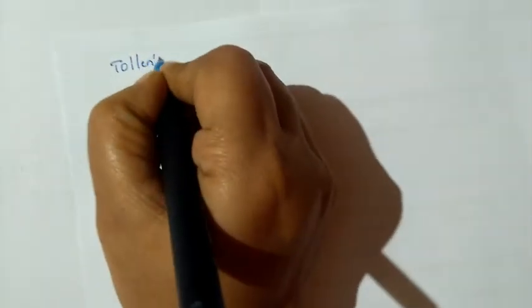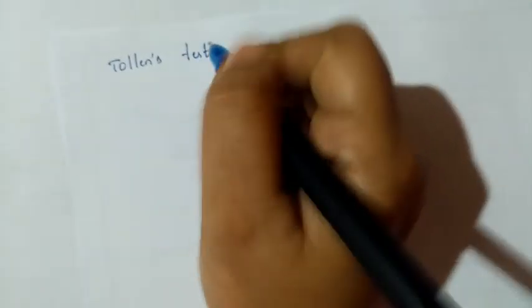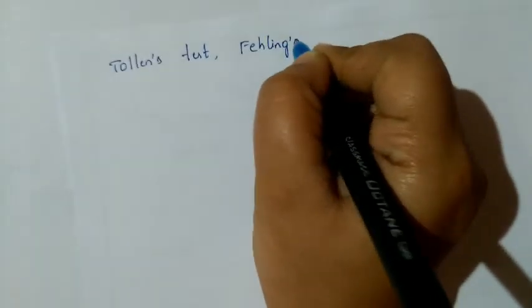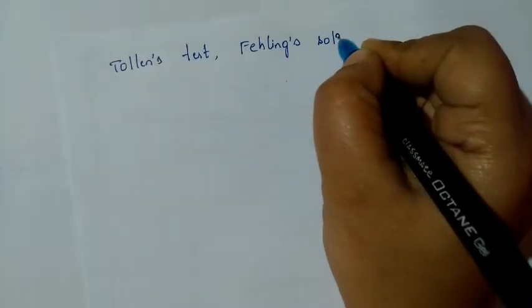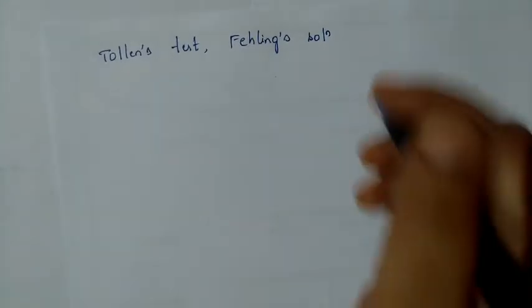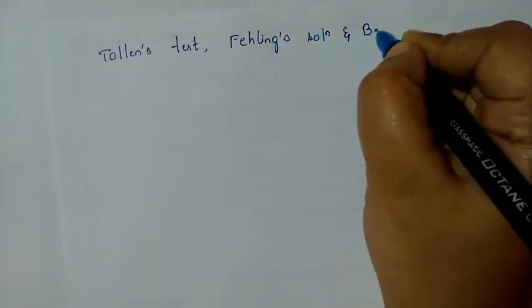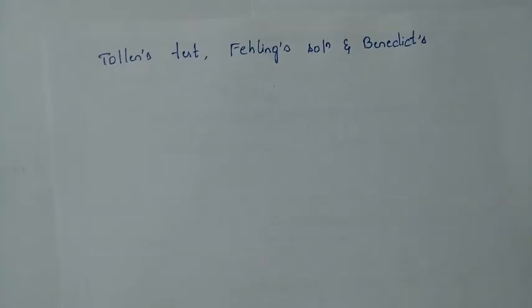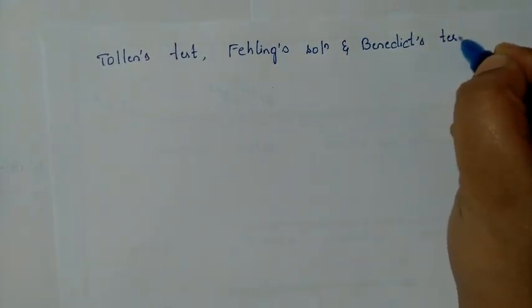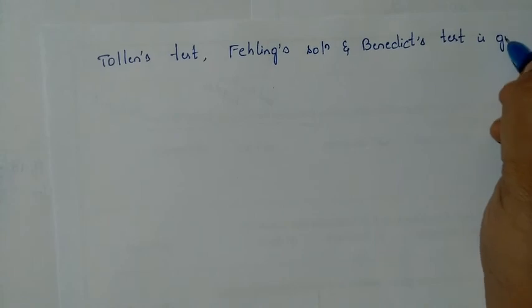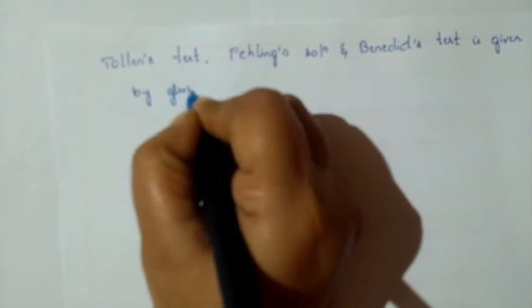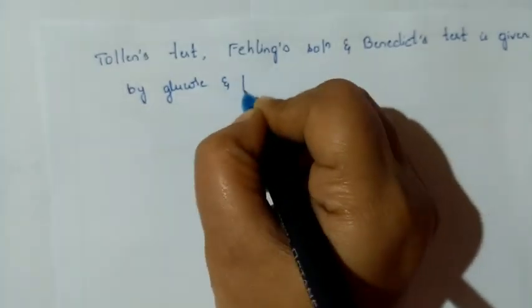Tollens test, Fehling's solution and Benedict's test are given by glucose and fructose.